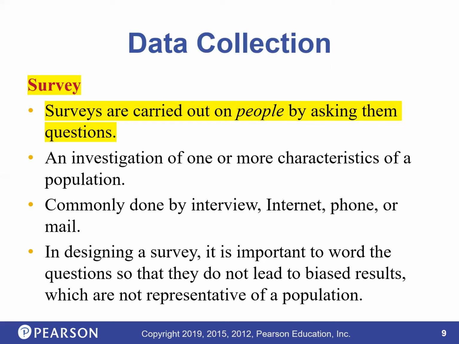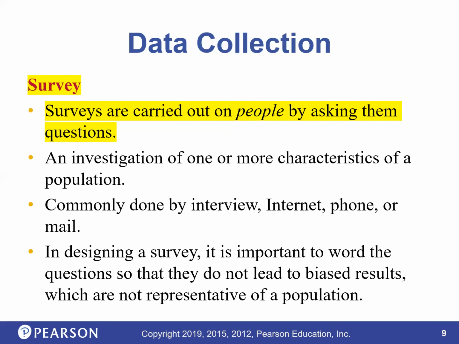An observational study is something that you observe, whereas with this one you are now setting up an interview, right? Okay, so there's the 4 ways we collect data right there.